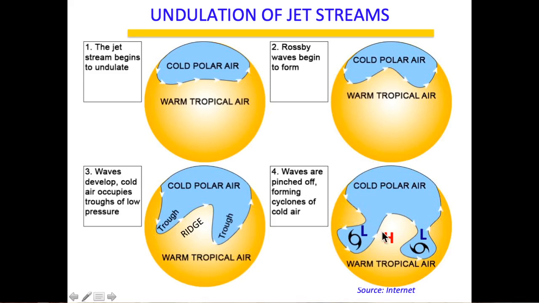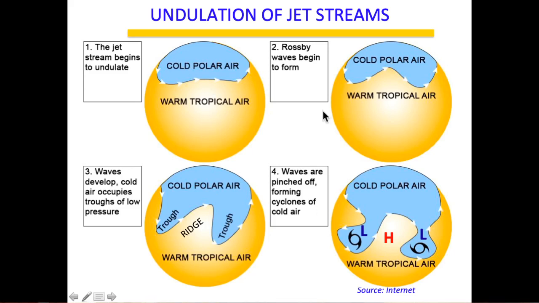These things pinch off, and then you have the formation of low and high pressure systems, which then govern the weather. Once this pinch off happens, the parcel again takes this shape, and again an instability occurs, and this continues.